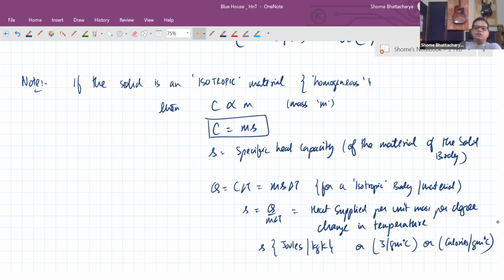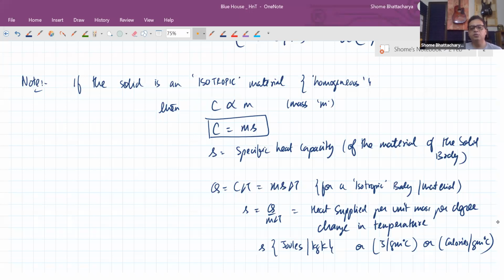So at the molecular level, the explanation of this is that the temperature is directly proportional to the average vibrational kinetic energy of solid molecules. So when we are supplying heat, the vibrational kinetic energy of the molecules is increasing proportionately, and as that increases, the temperature increases proportionately. So the amount of heat supplied is directly proportional to the temperature change.